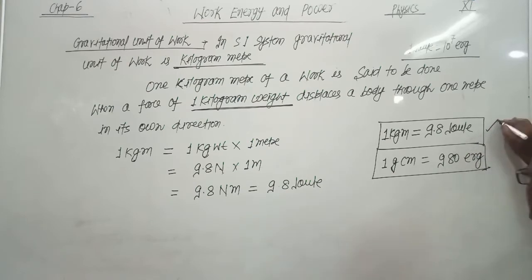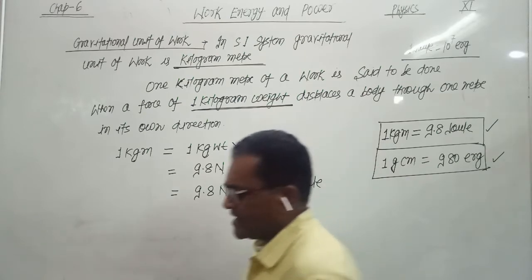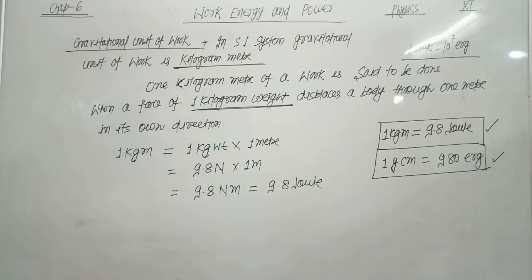So this is in the SI or MK system, and the unit gram centimeter is in the CGS system of units.